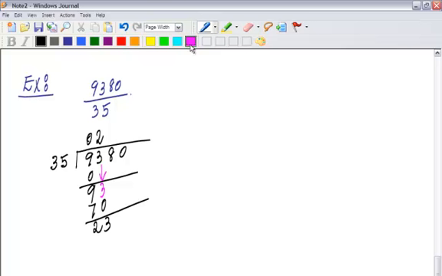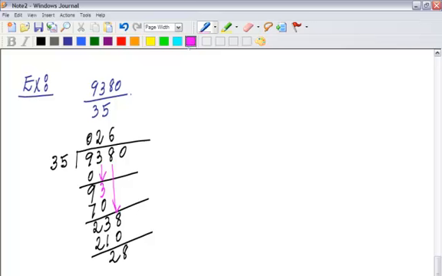Next I bring down the next digit, which is 8, and I get 238. I ask again how many times 35 goes into 238. Well, I figure that it is 6 times. So 6 times 35 is 210, and when I subtract I get 28.